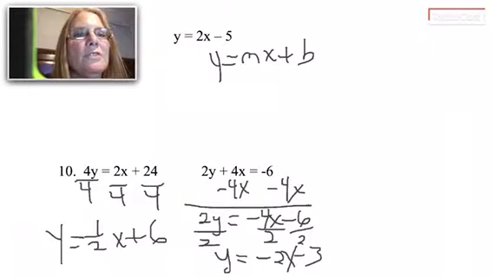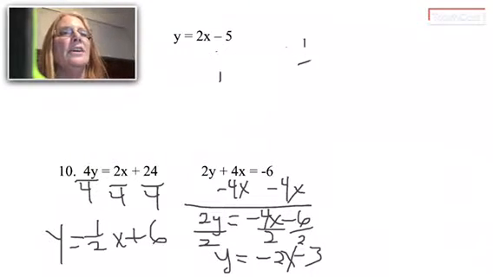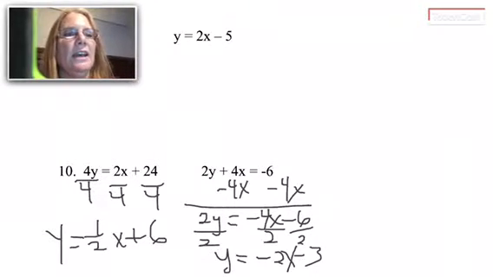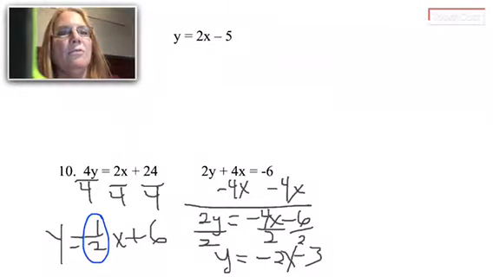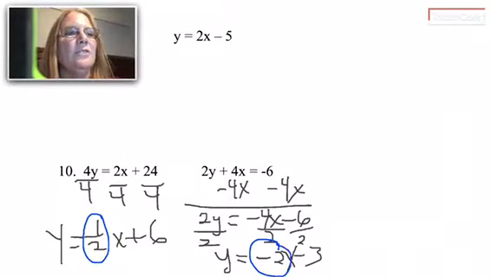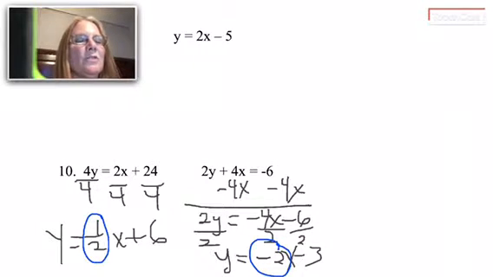Are those opposite reciprocals? Yes, they are. Okay, we have a slope of positive 1/2, negative 2. Those are opposite reciprocals. The other thing you're going to be asked to do is to graph these.